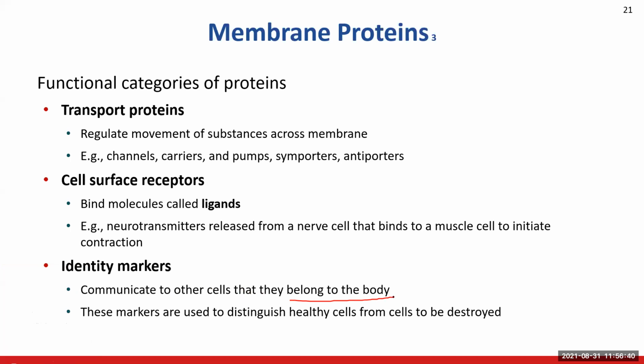If they are not the correct identity marker, then our immune system identifies that cell as a non-self cell or a foreign cell, and it's going to kill it. So it helps our immune system to tell the difference between healthy cells and unhealthy cells. Therefore, if it's unhealthy, we destroy it.